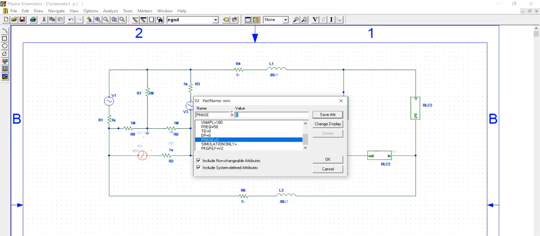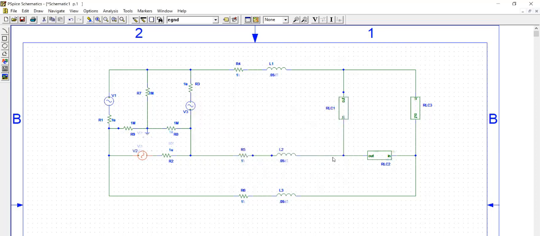And phase angle is 120 for the third source. So we have done all this.